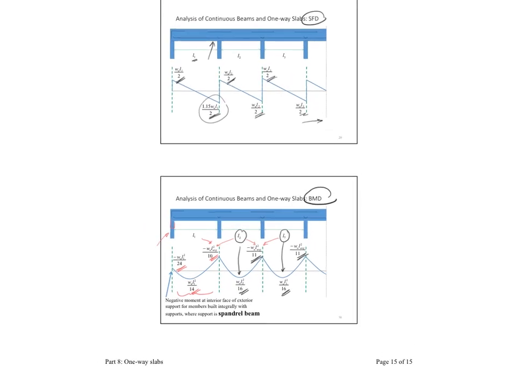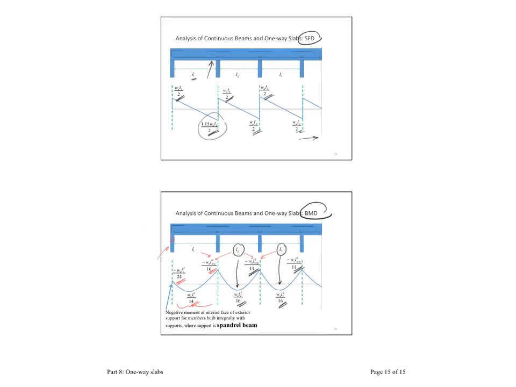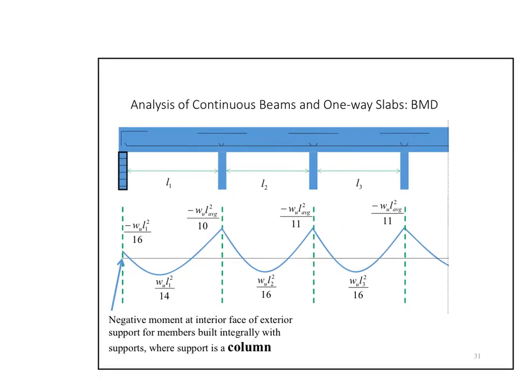Now, what if it's a column? If it's a column, then the difference would be that you have here a WL squared over 16 instead of 24, and then 14, 10, 16, 11 as you go. So the same thing applies, only the difference comes in the first moment.